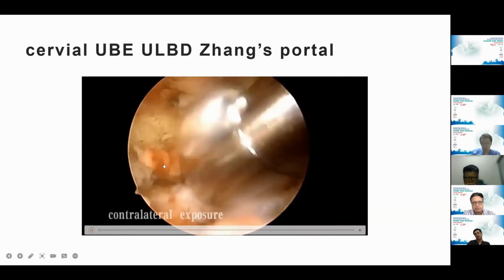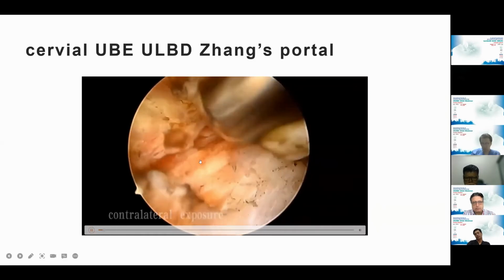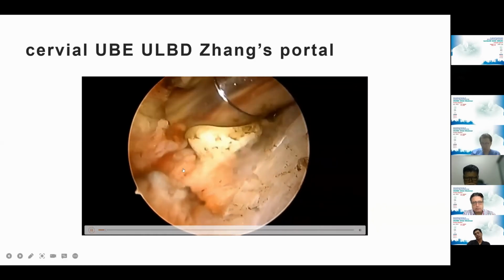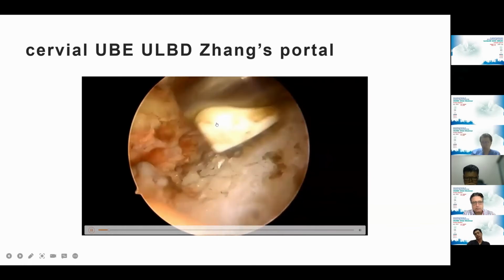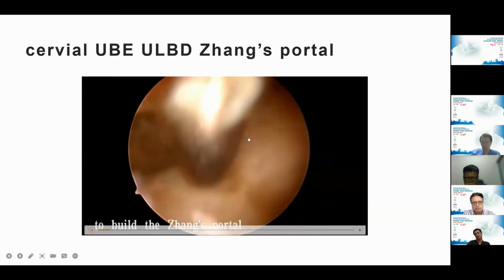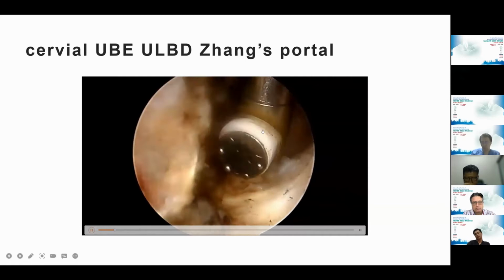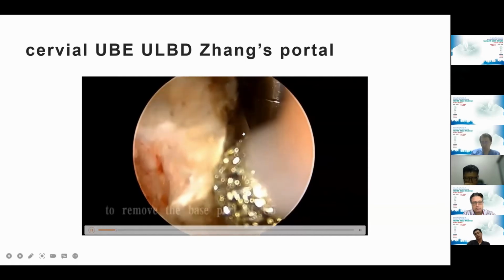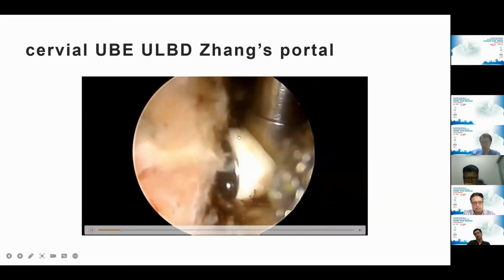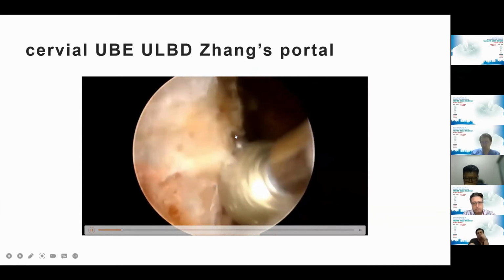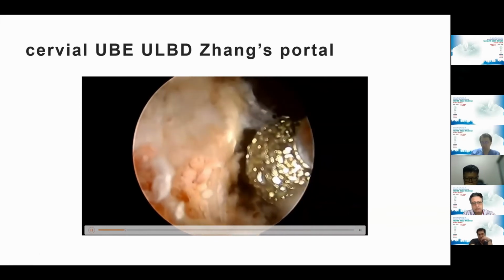I also clear the soft tissue in the interspinous process space, and build the contralateral side transportal. You can see the angle of the contralateral side portal is very good. It's easier to do the contralateral side decompression.